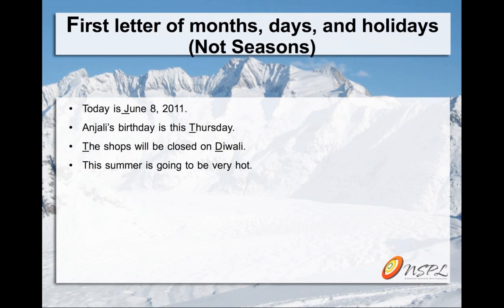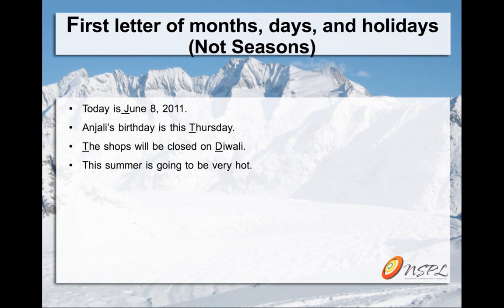Anjali's birthday is this Thursday. Thursday is a day, that's why it's capital. The shops will be closed on Diwali. It's a festival, maybe a national holiday. The summer is going to be very hot. Seasons are always in small letters.